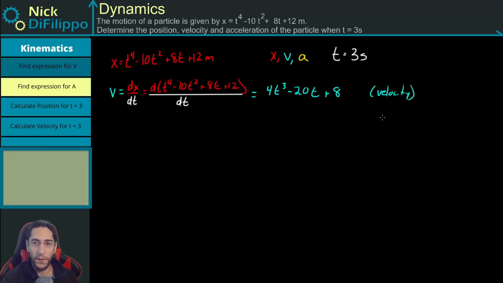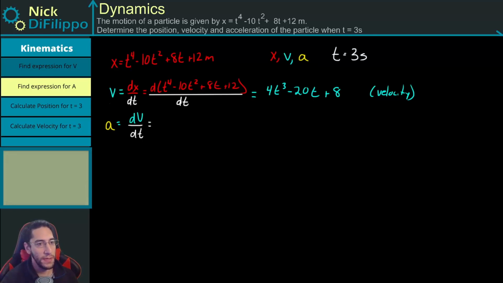Now what we need to do is figure out a way to relate our acceleration with velocity. We have an expression that's very similar to how we related our position with velocity. Acceleration is how fast we're changing our velocity. So this is going to be equal to dv over dt, or the change in velocity over the change in time, or the derivative of velocity with respect to time.